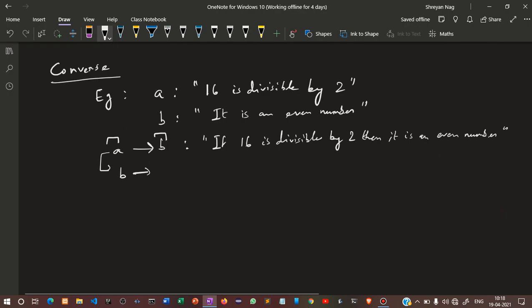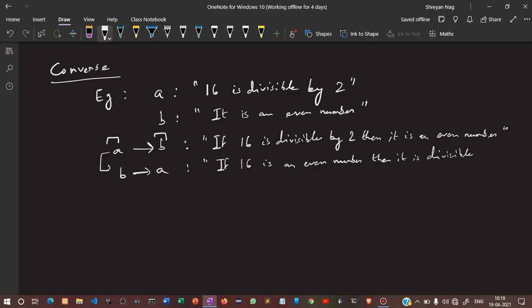If you just interchange them, we get: if 16 is an even number, then it is divisible by 2. So got it? We have just changed the antecedent and consequent. This is a converse statement.